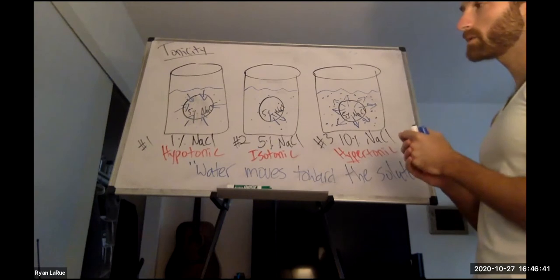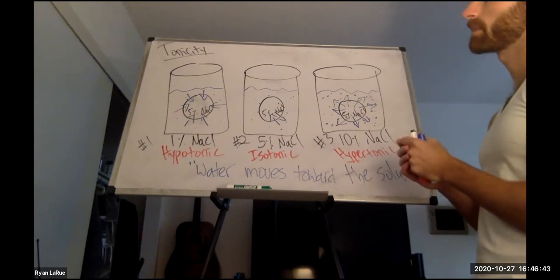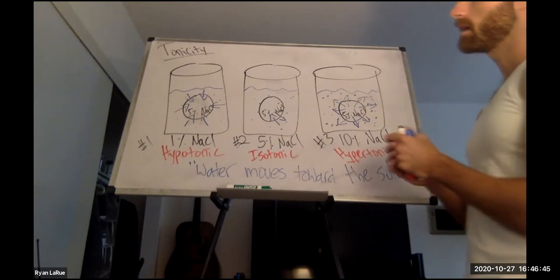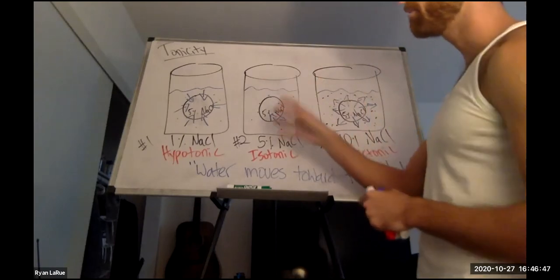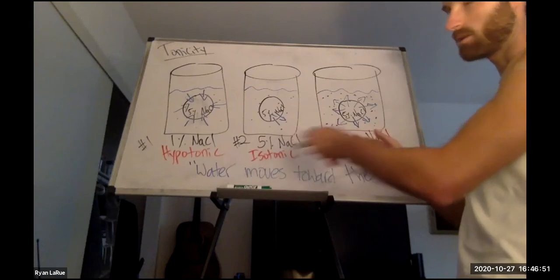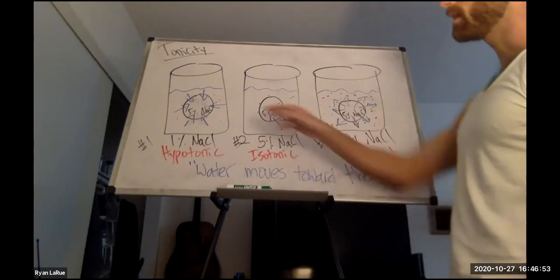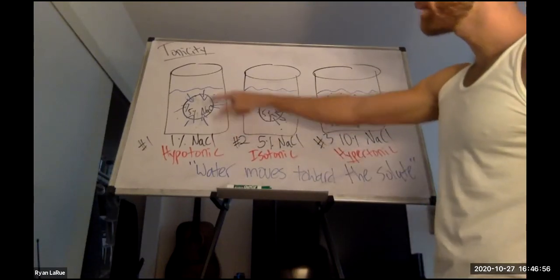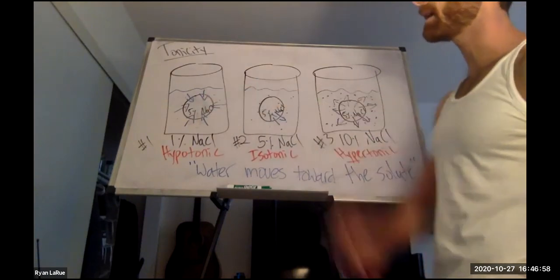One more quick note I want to mention. You can talk about these different tonicity states when you're talking about the solution surrounding the cell, but also the solution inside.